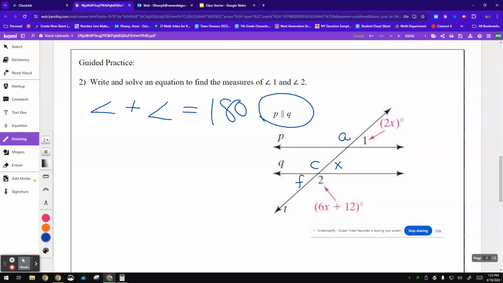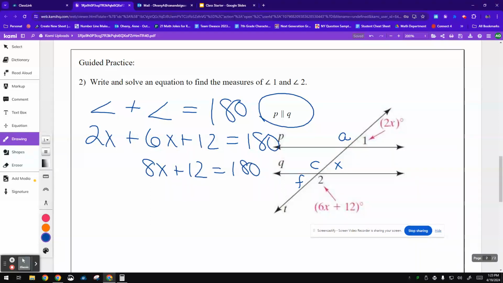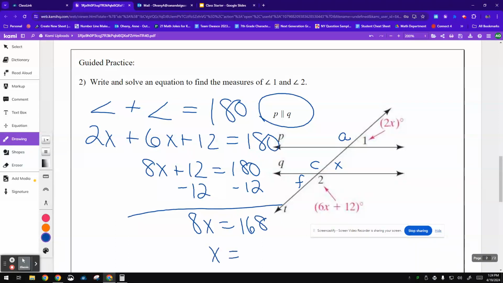So, 2x plus 6x plus 12 equals 180. No distributing. There is some combining of like terms. When I have the answer, I always go back to the question and see if I answered it.